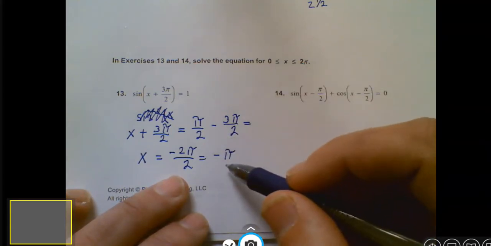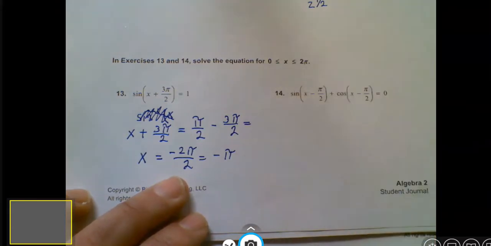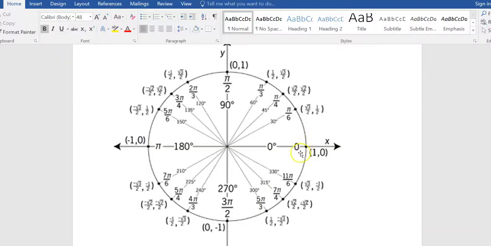So how do we get this exact same value within the positive unit circle? If I'm starting here, negative pi would be right there. So how do I get this exact same value? Well, if I just add 2 pi to this, it takes me one lap around, and now I'm in the positive unit circle at that same value.